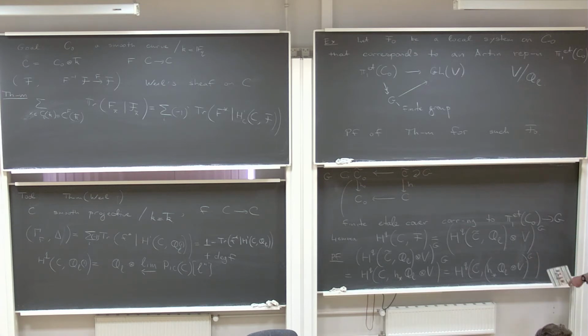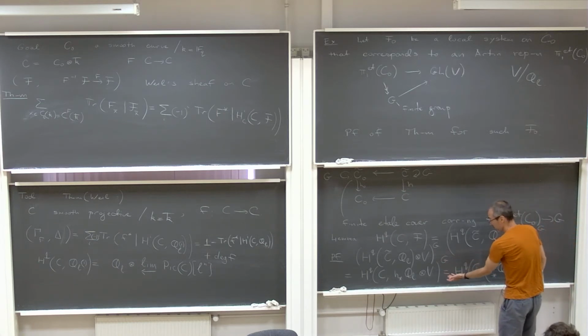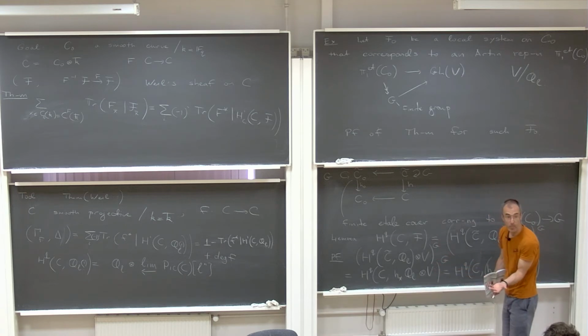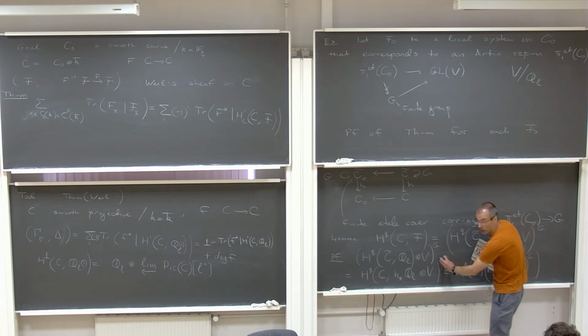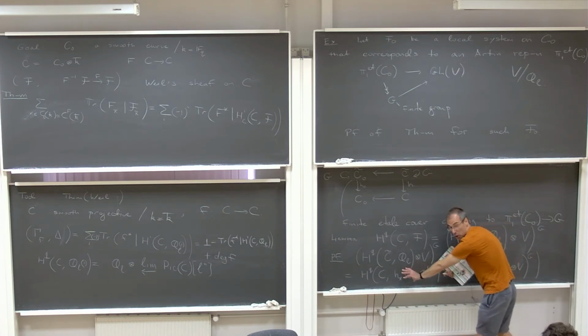So how to prove this? Well, you can think of G invariance as the image of an idempotent. So you can look at the group algebra. There is an idempotent, namely 1 over the order of G times the sum of all elements of G, and we are taking the image of the idempotent.